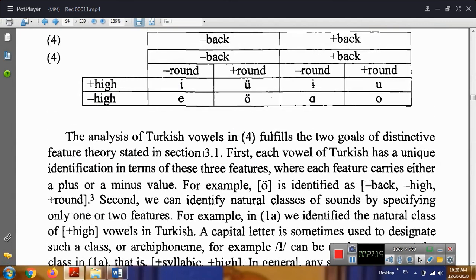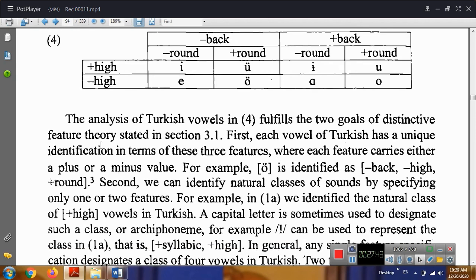Okay. I hope that you learn this matter. Therefore, you should keep in your mind that in Turkish we have three distinctive features: back, round, and high, based on which we can specify the sounds and the vowels of the Turkish language.